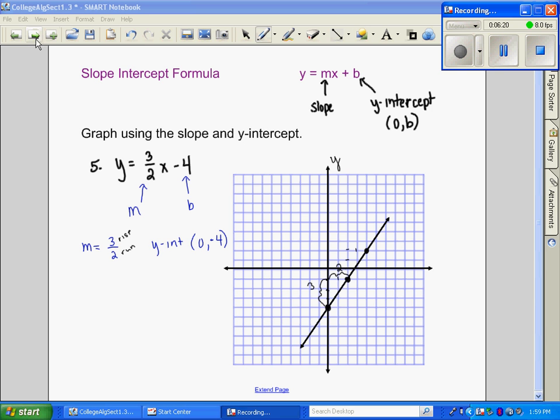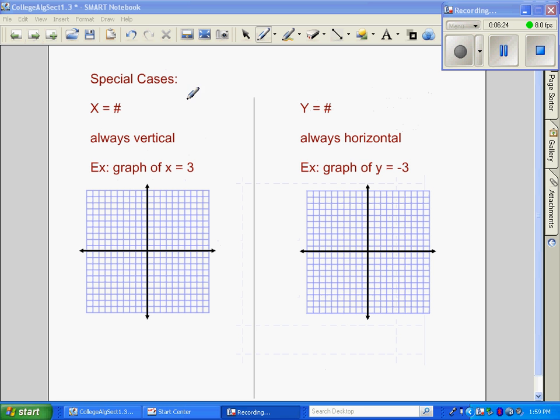Those are the basic forms of slope and some of the questions that they'll be asked. Next is a few of our special cases. Anytime you have an equation that says x equals some number, it's always going to be a vertical line.